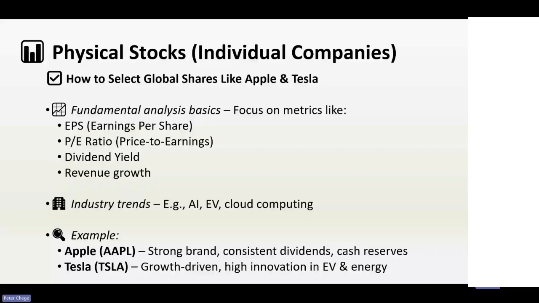Everybody knows what AI is. If you ask even a little kid, they already know what AI is, and it is taking over the world. So for most of the sectors or stocks that have invested in AI, you expect growth. Also, electric vehicles, I think even in Kenya, we are moving there. We have already seen them coming into the country.